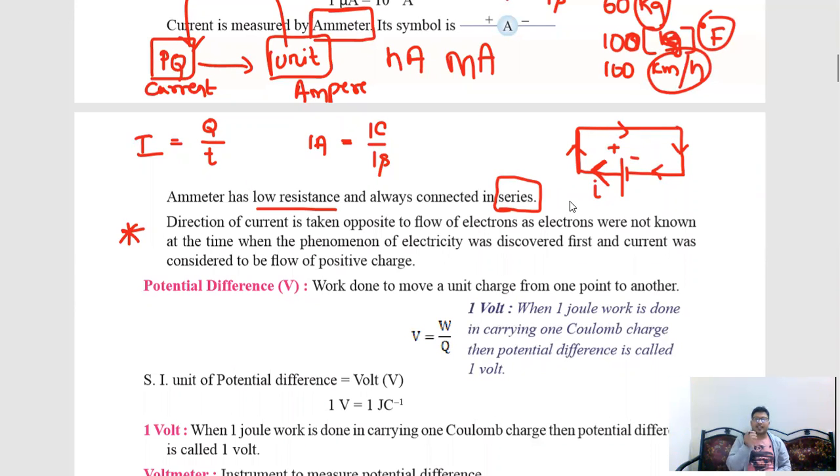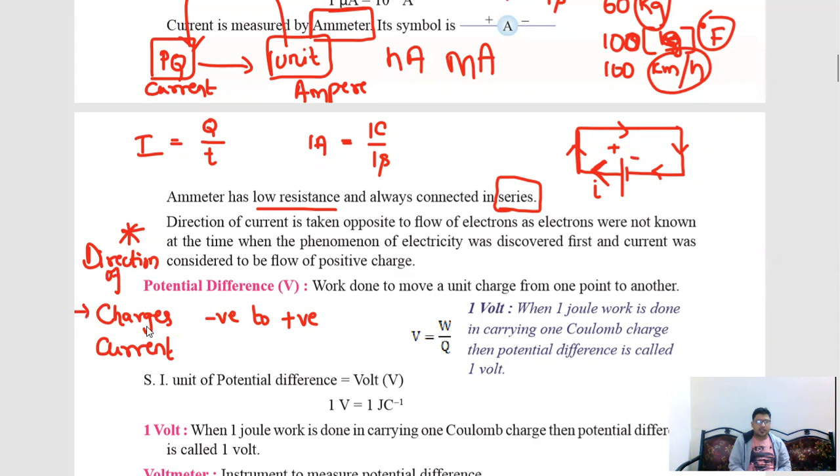Basically, charges will flow from negative to positive. Here don't get confused. If they ask you what is the direction of charges, charges means negative charges, always negative to positive. If they ask what is the direction of current, guys, direction of charge is from negative to positive, direction of current is positive to negative.